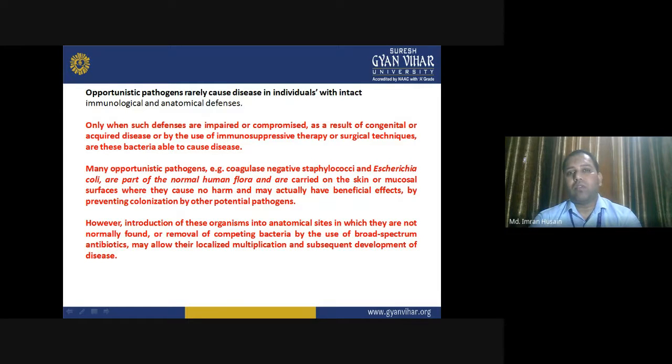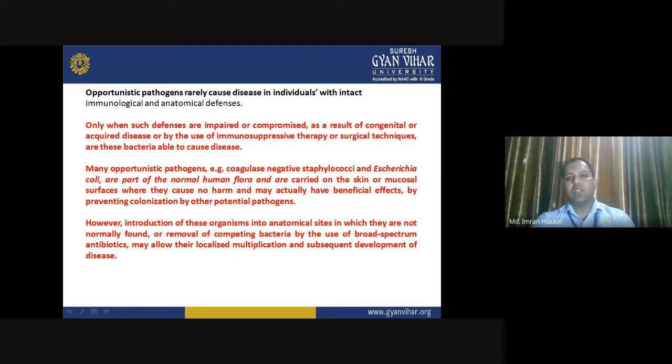So when a strong individual, whose immune system is not weak, somehow becomes immunocompromised, then these opportunistic pathogens seek a chance.